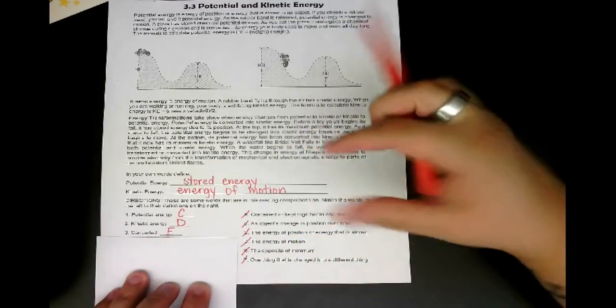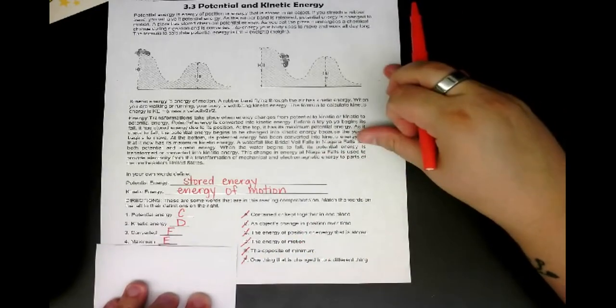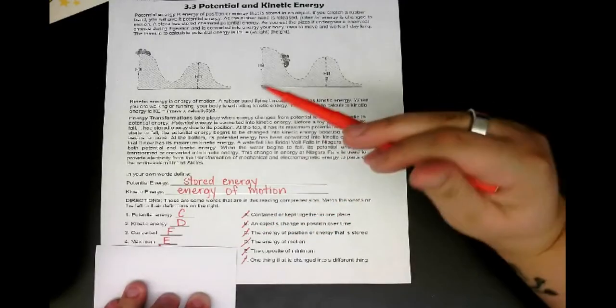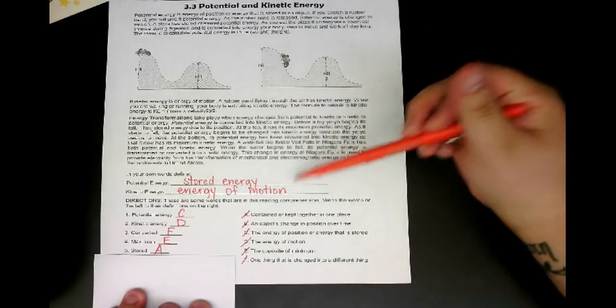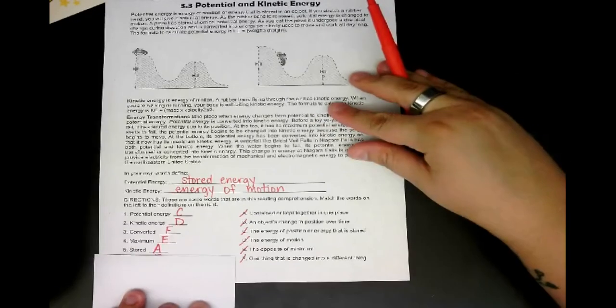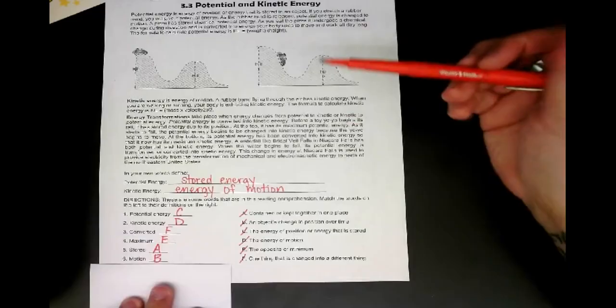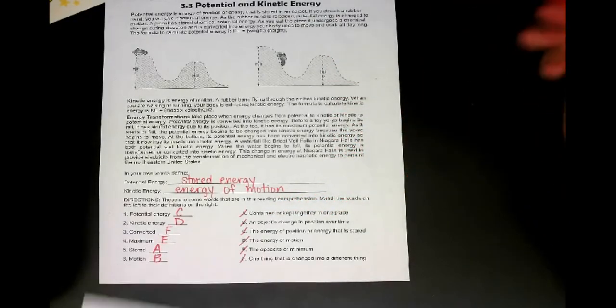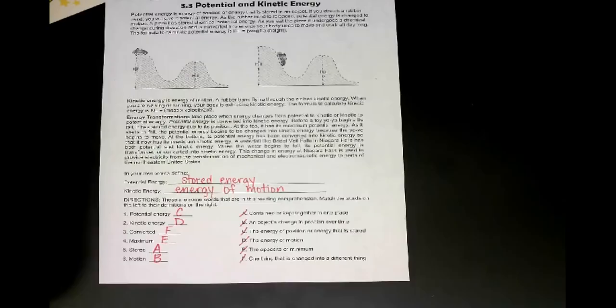It's converted, it changes. Maximum would be E, which is the opposite of minimum. Stored is A, contained or kept together in one place. And motion is B, objects change in position over time. Those were the correct answers for the front.